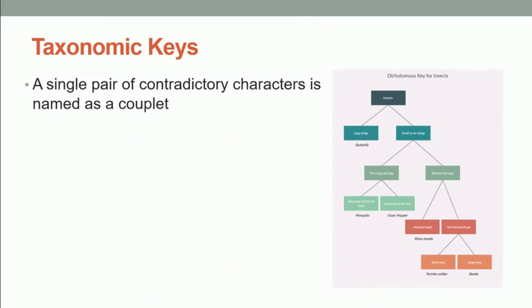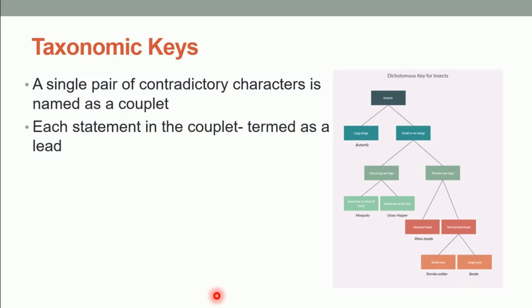Let's see some more characteristics of these taxonomic keys. They are basically a single pair of contradictory characters which are known as couplets. Each statement in that particular couplet is termed a lead. As I told you, in a dichotomous key there are two statements, and you have to select any one of the statements.